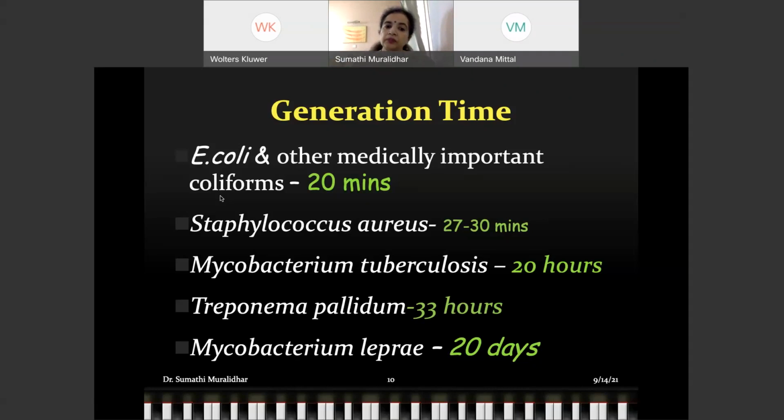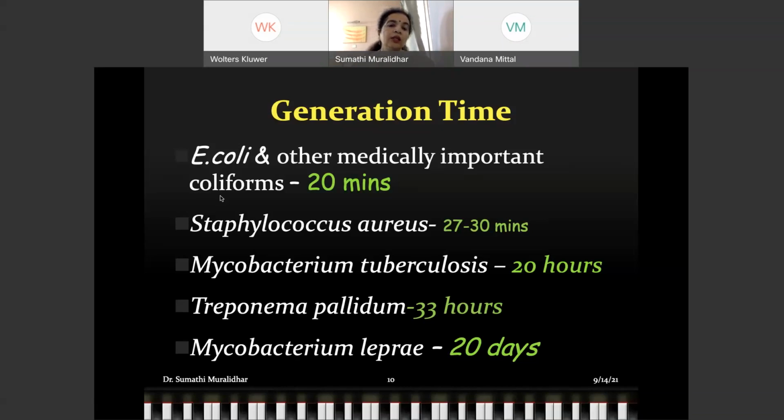Because in the laboratory, when we grow bacteria as a diagnostic procedure and culture them, we need to know the time they require to double and multiply.